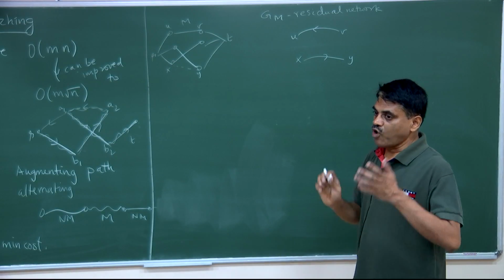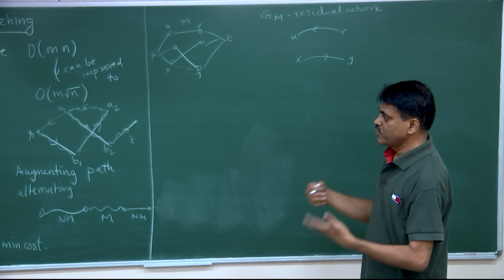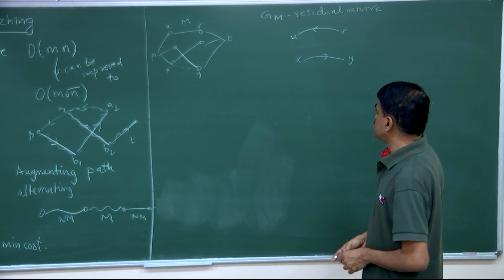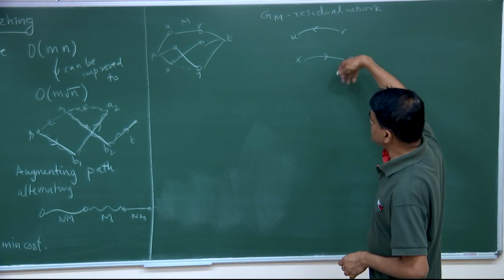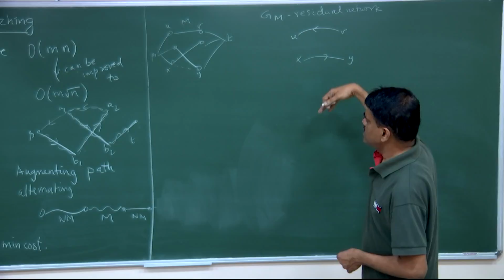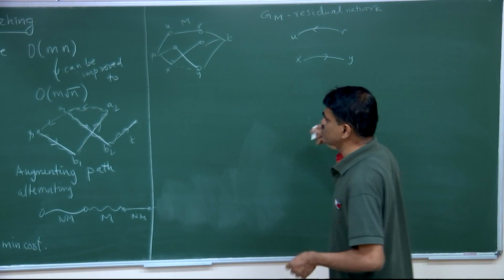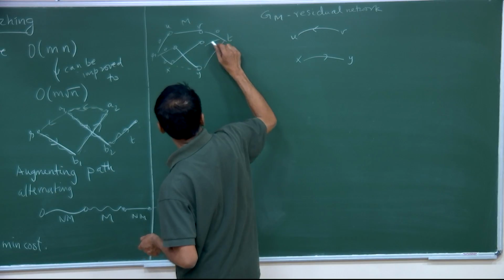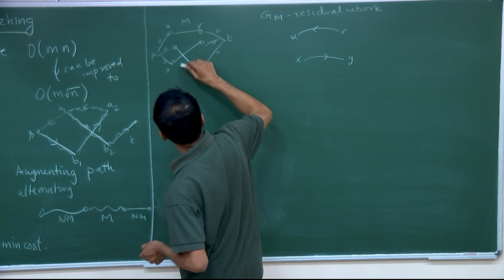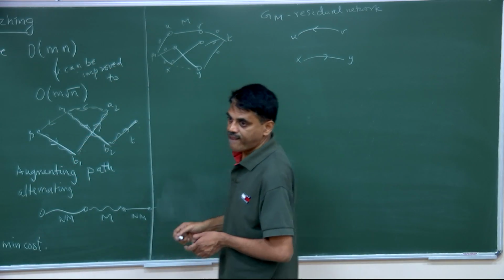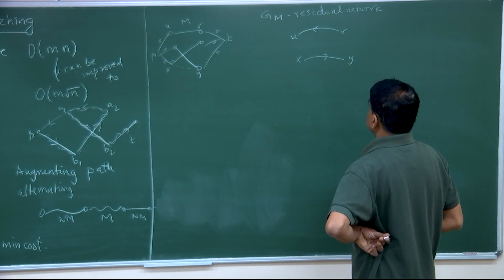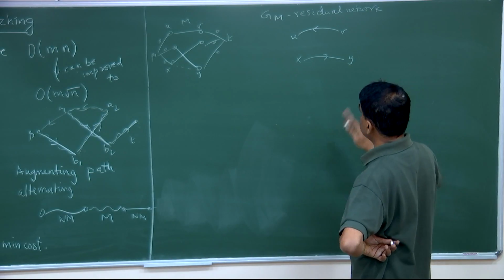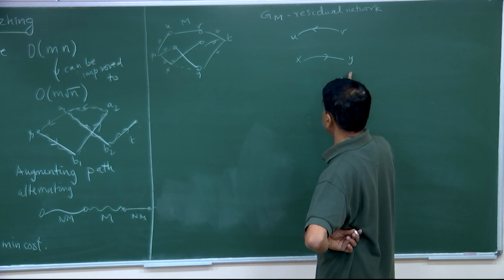Now I'm going to introduce costs. So there are now costs on all the edges in the graph as well as in the residual network. So we will assume these costs are 0, and these costs are the costs in the graph. Okay. So in the residual network, exactly the same way I am going to associate a cost.